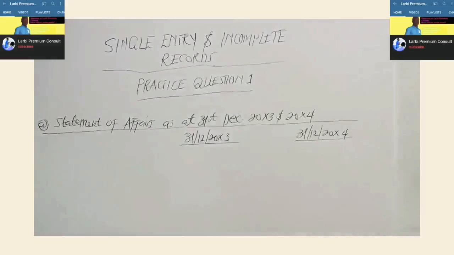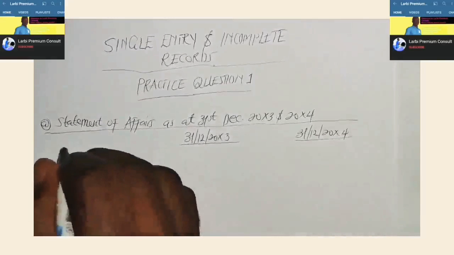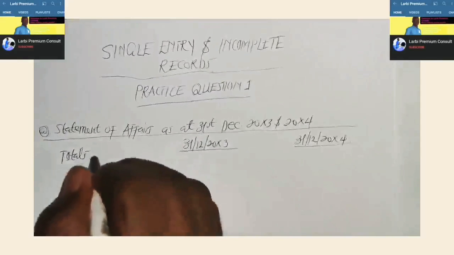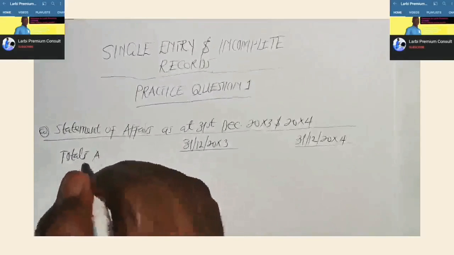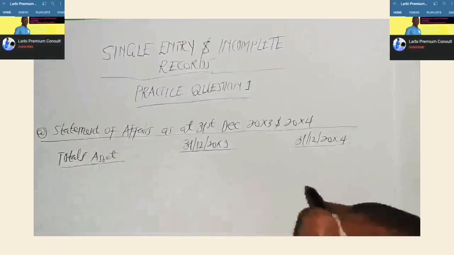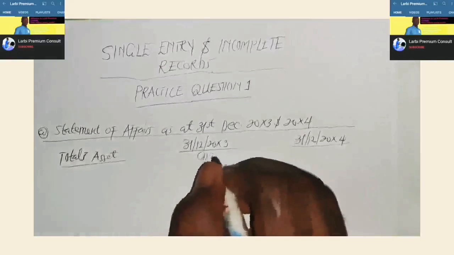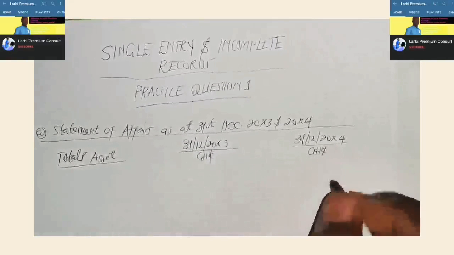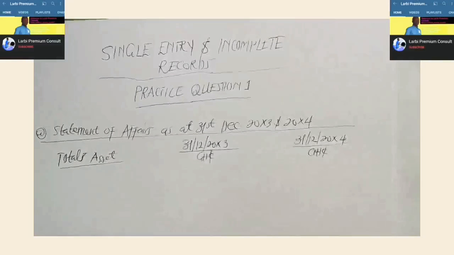First I will start with the total assets that we have in that case. So I'm having my currency signs here, Ghana cedis. This is a question from Ghana.